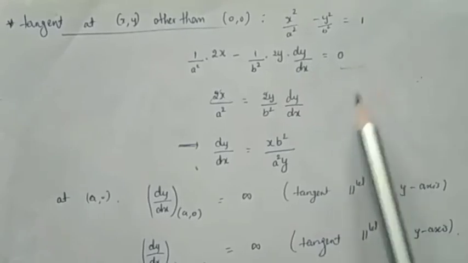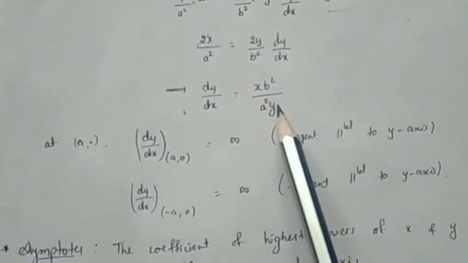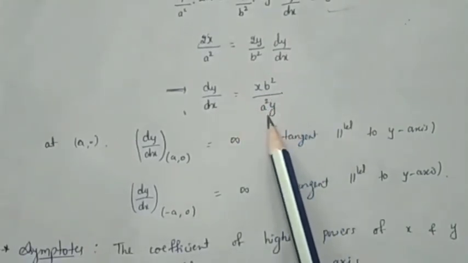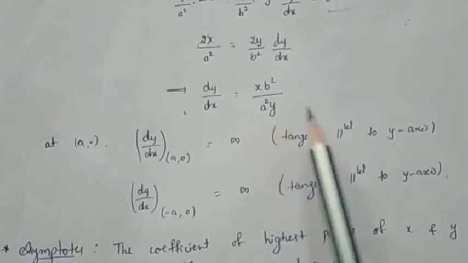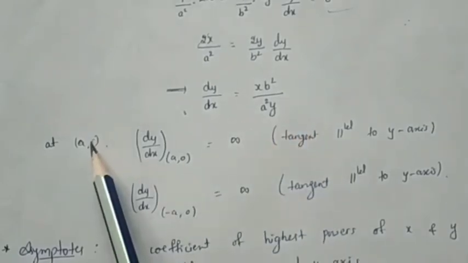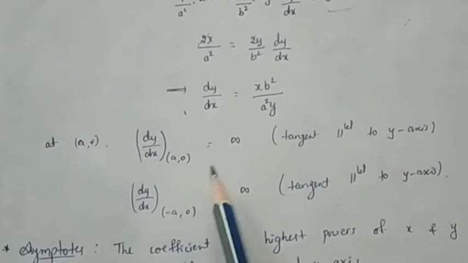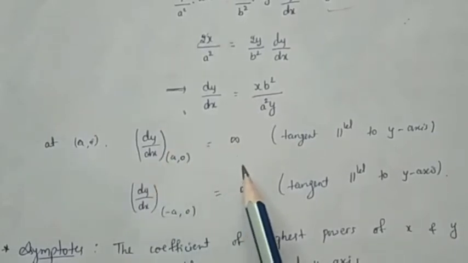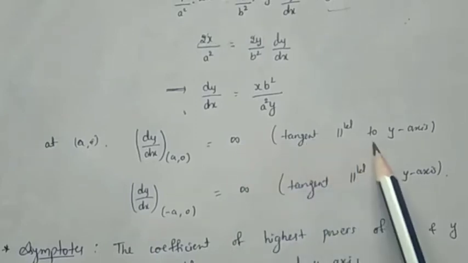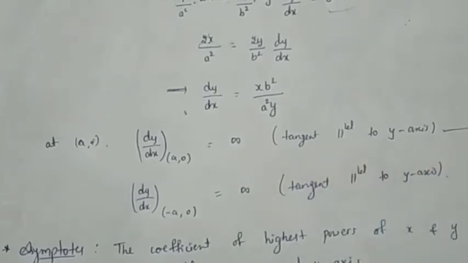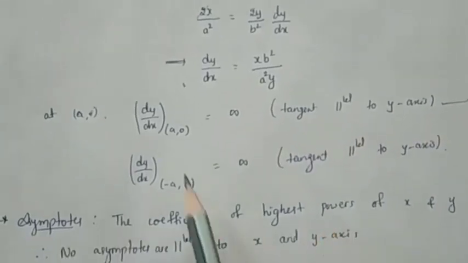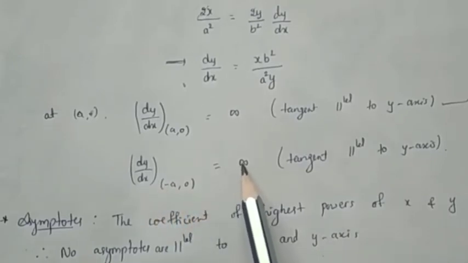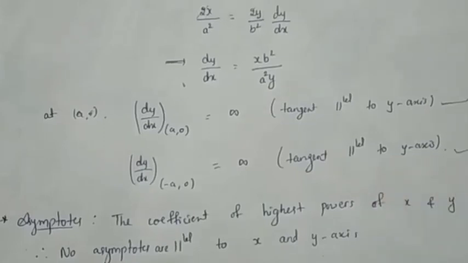You simplify this, you get dy by dx which is equal to x b square by a square y. At a comma 0, dy by dx is equal to infinity. You get infinity, the tangents are parallel to the y-axis, and dy by dx at minus a comma 0 you get infinity. Therefore, the tangents are parallel to the y-axis.